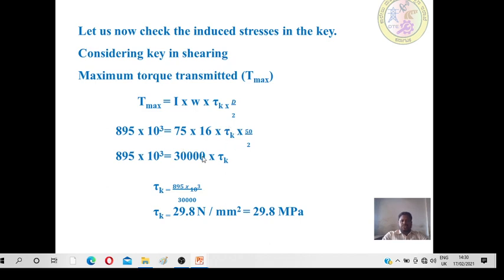If I substitute all, we'll get the value as 29.8 Newton per mm square or 29.8 MPa. So this is the induced shear stress for the key material considering the shearing of the key.